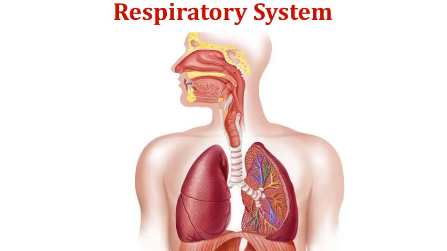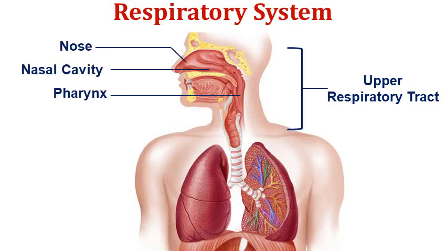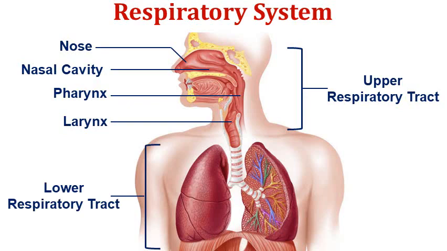Structurally, the respiratory system is divided into two parts. One, the upper respiratory tract, which includes the nose and nasal cavity, then the pharynx, and later on the larynx. The second part is the lower respiratory system, which includes the trachea, which is also known as the windpipe.